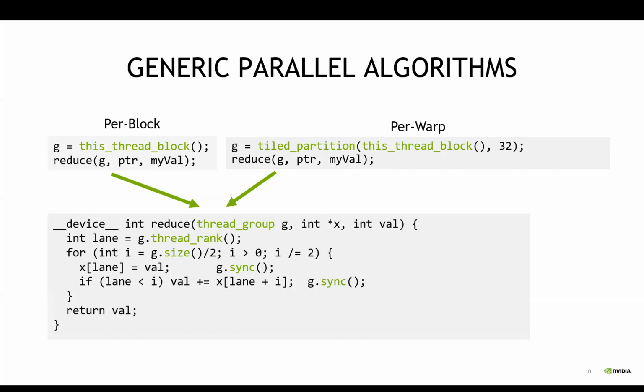And we're also using the .sync method to provide the necessary synchronization so that we can guarantee that all threads in the group are doing these steps in proper sequence. So this should be hopefully reminiscent of the parallel sweep reduction that we saw in Module 5, except now we have recast it to take advantage of cooperative groups, and in the recasting we now have an algorithm that works flexibly across different kinds of thread groups that are passed to it.